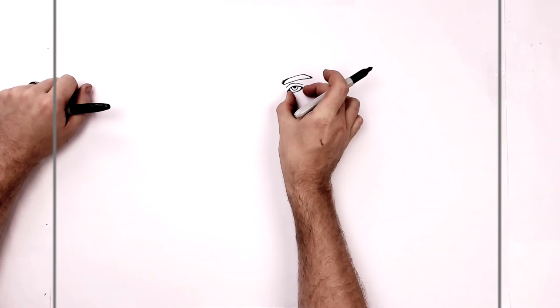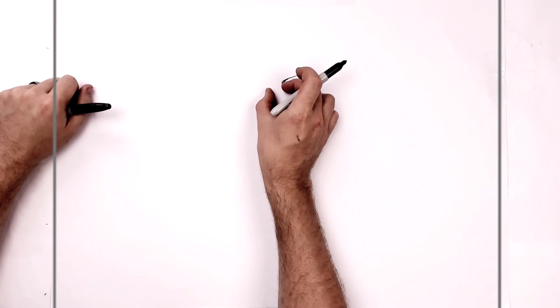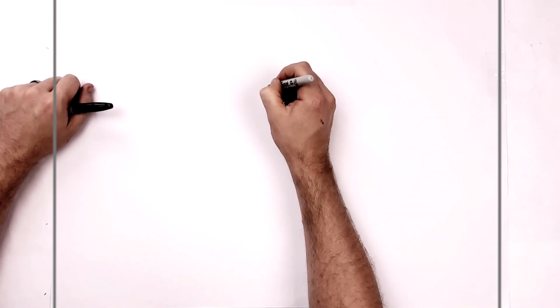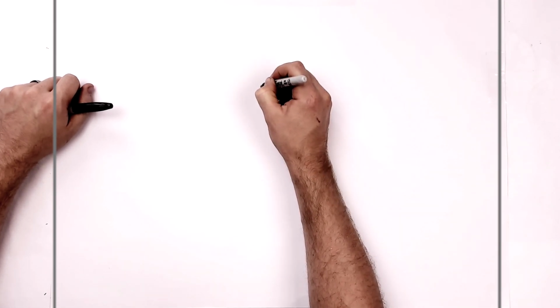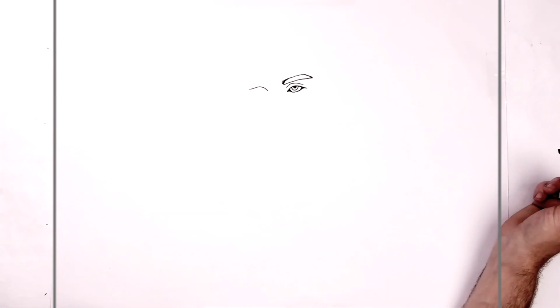Right, so the eyes. So measure the eye width, right? So that's the distance you want to come over, and that's where the next eye will start. So again, slender sort of eyes, curving down, like so.